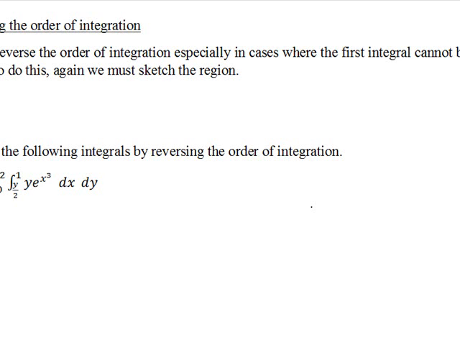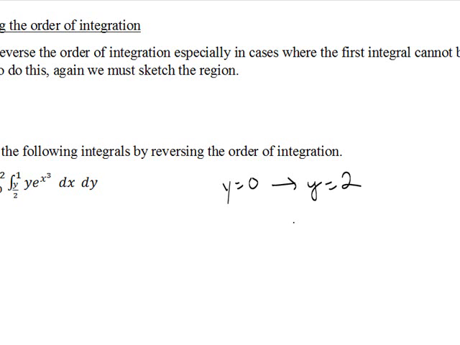Alright, so let's look at this integral, and what you should do is write out the limits, because we need to draw the region, right? So the outermost limits are the y limits. It says here that y goes from 0 to y equals 2.